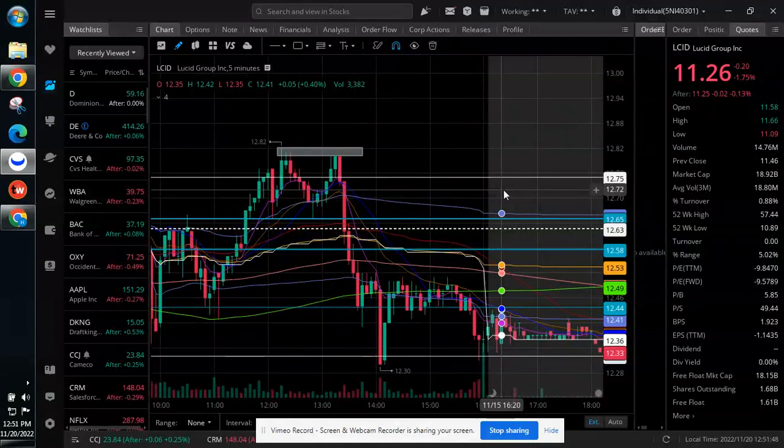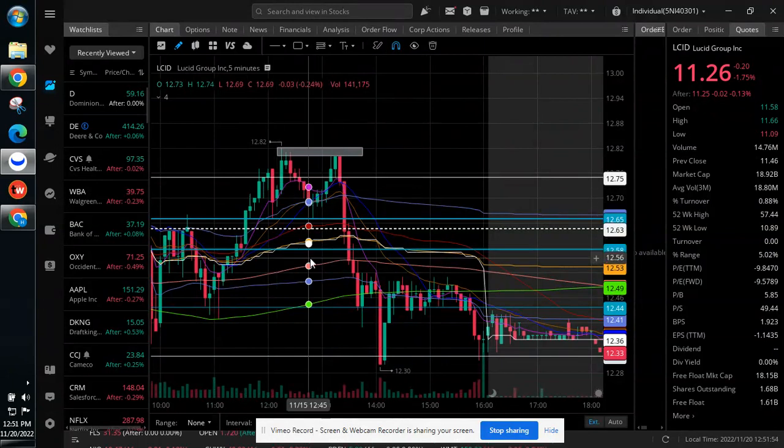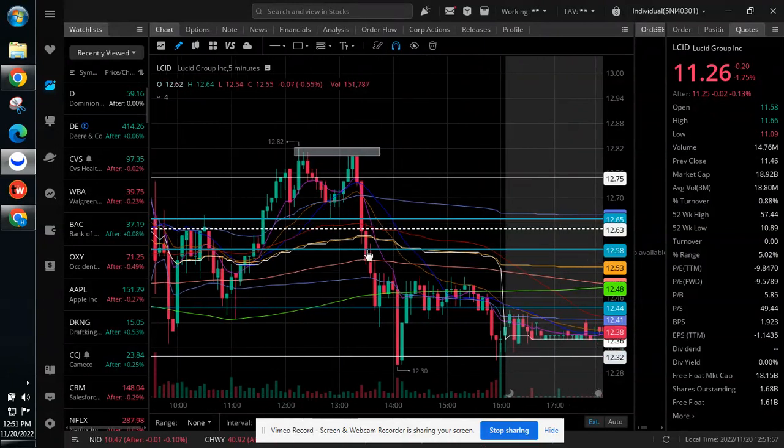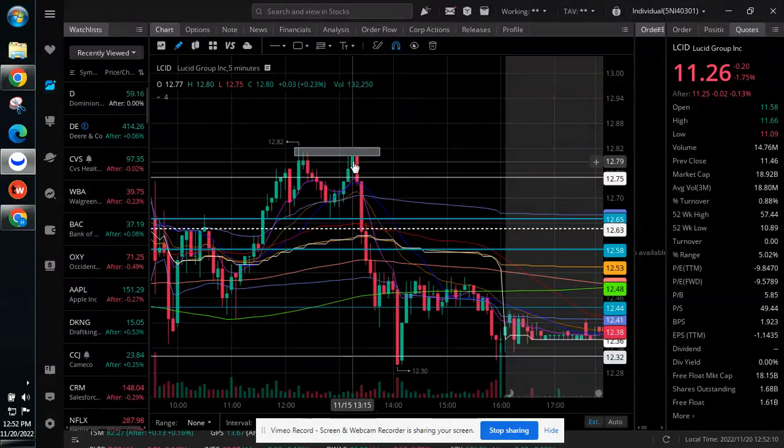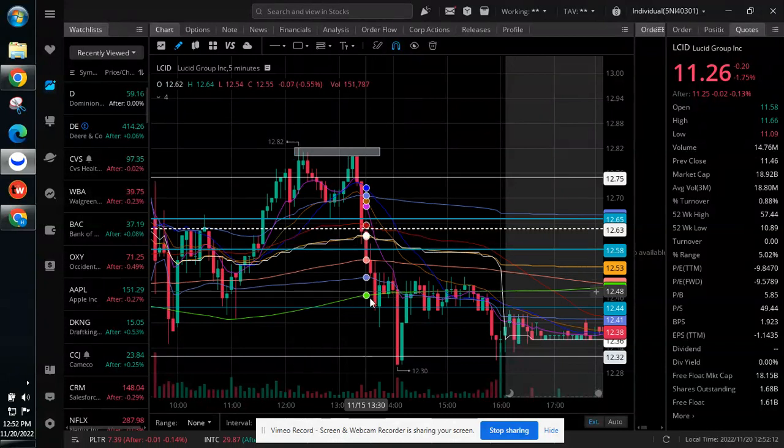What else we got? What else? We broke another intraday resistance / support. You also have a bear flag right here. So you had a big old drop down from that double top.